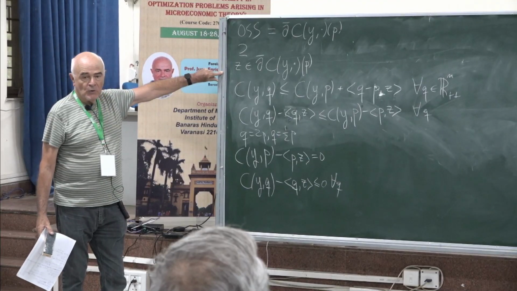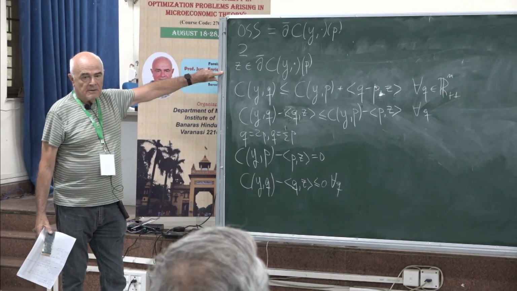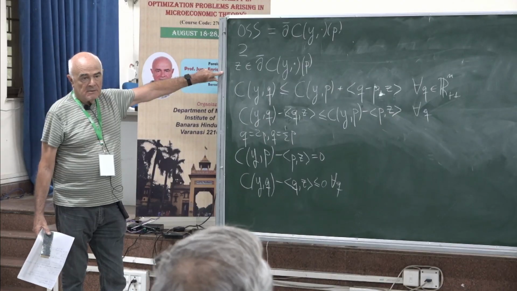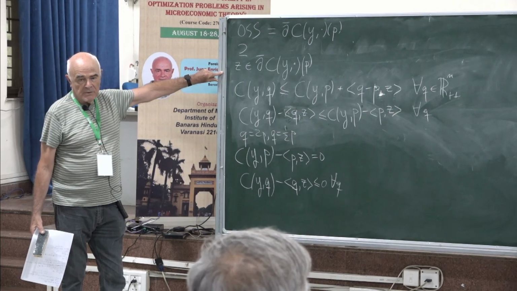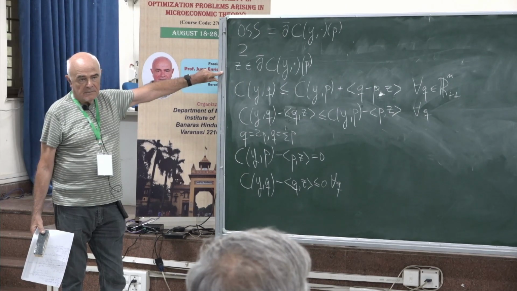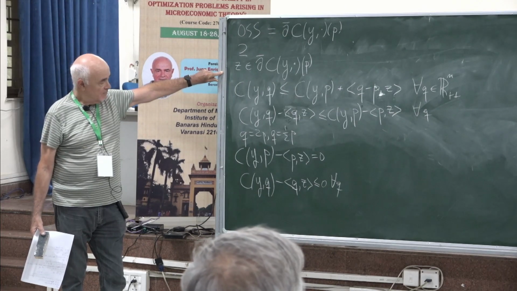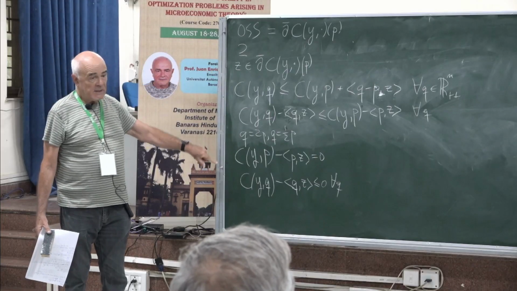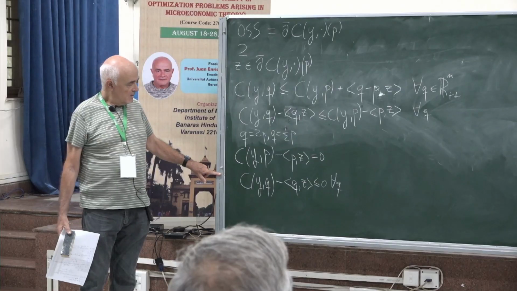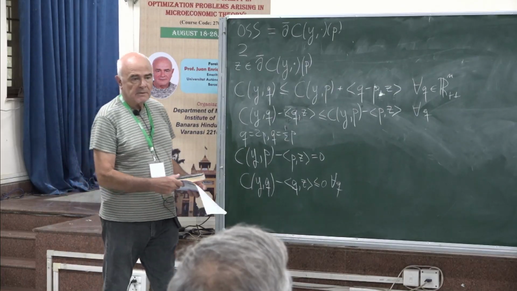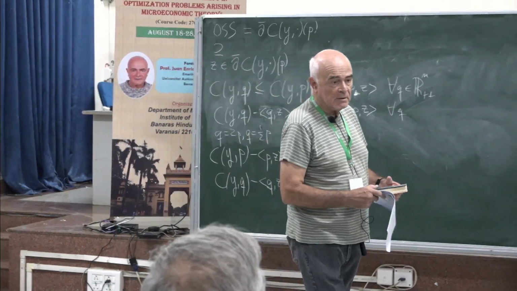But first of all, it should be an input vector, so it should be non-negative. Is it non-negative? Yes, because of this condition. Okay, again, is this clear? If not, I repeat the argument.